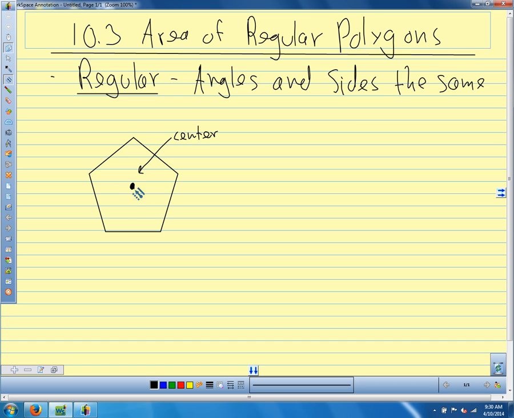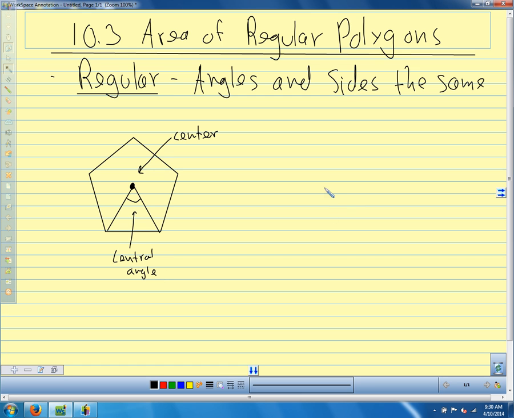And if I connect the center to two vertices, this angle is the central angle. And that central angle is going to be important for what we do with polygons.